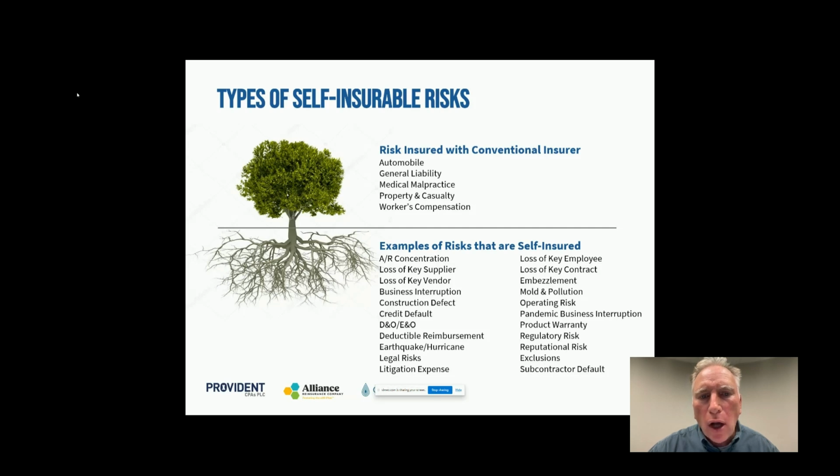And those look like loss of key supplier, loss of key vendor, loss of key contract, loss of key talent, legal risk, brand risk, reputational risk, regulatory risk, business interruption like COVID, which obviously really upset the dentist industry. It upset the restaurant industry. I mean, COVID had a profound effect on revenues in many channels. So we like this slide to show how those different risks are broken out.